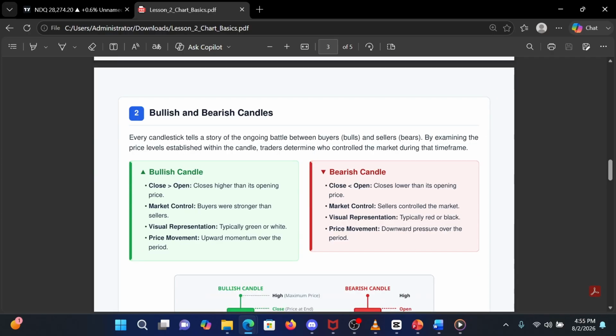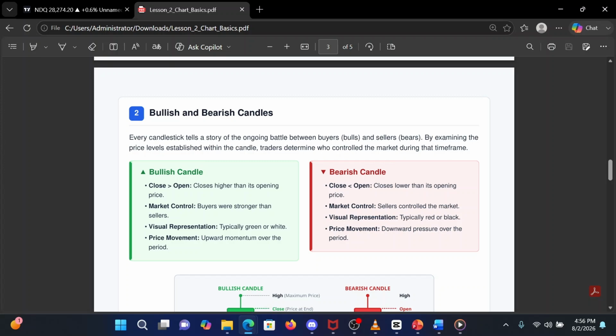The next thing we are going to look at is the bulls and the bears. Every candlestick tells a story of the ongoing battle between buyers, which are the bulls, and the sellers, which are the bears. By examining the price levels established within the candle, traders determine who controlled the market during that time.